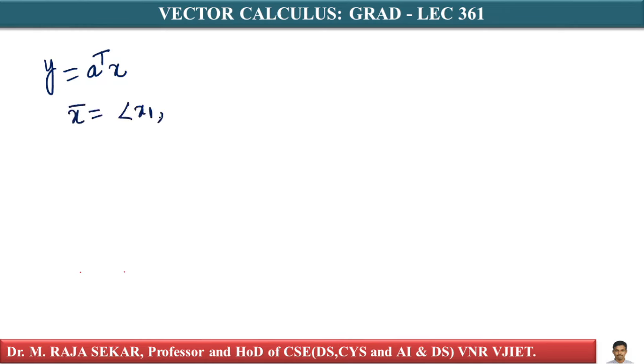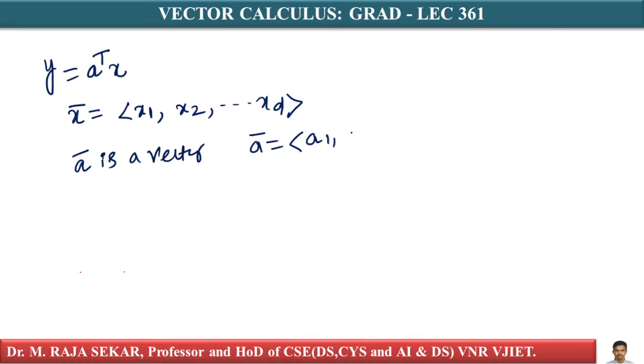What is the dimension of this vector? x1, x2, and so on, xd. Similarly, A bar is a vector. I must write A1, A2, and so on, AD. All these A1, A2, and so on, AD are constants.